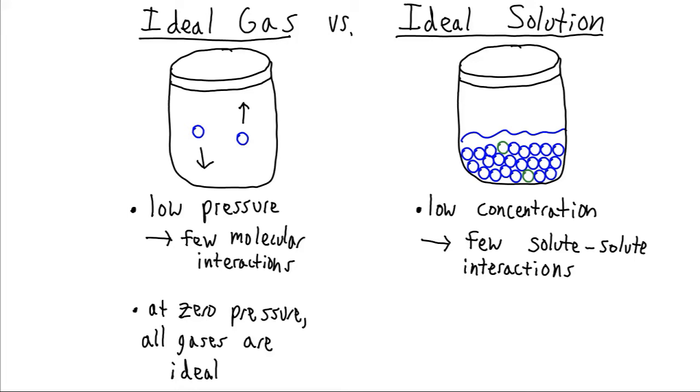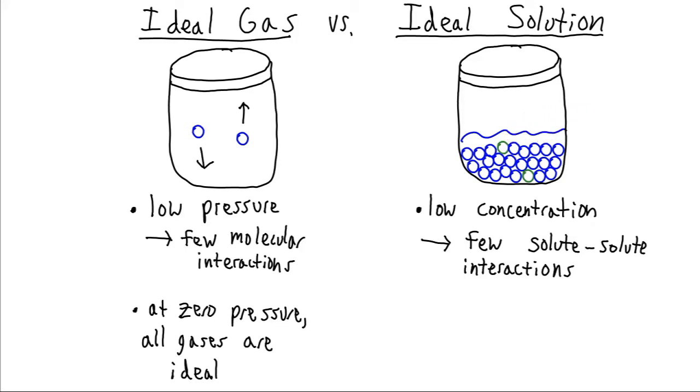For an ideal solution, the similar idea is that we want to have low concentration. So we have few solute-solute interactions. Now what about solute-solvent interactions? Well, even if we had very strong solute-solvent interactions, what that would mean is that this solute molecule would essentially just pick up a cluster of solvent molecules around it, but we'd still have just one particle then moving through the solution.